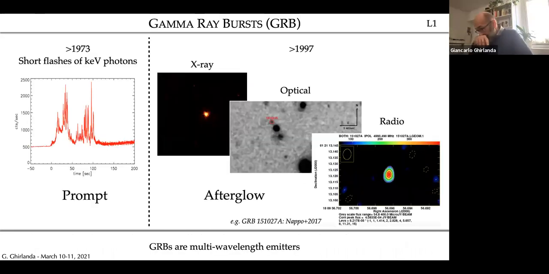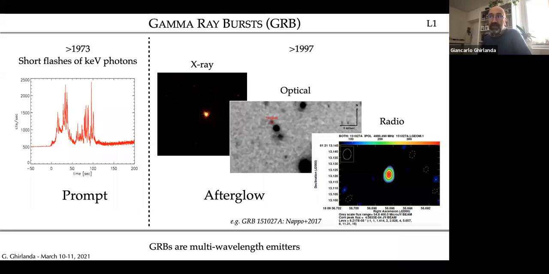I will start from very basic definitions, but here the nomenclature is important. When we talk about gamma ray bursts, you probably all know that we typically use these two terms, prompt and afterglow, which describe two different emission phases, separated in time. The prompt emission of a gamma ray burst is characterized by the emission of high energy photons. This is what made gamma ray bursts be serendipitously discovered, starting in the 70s.